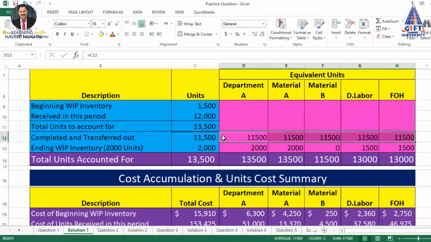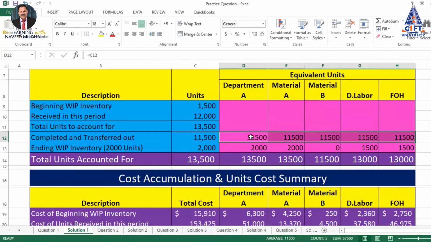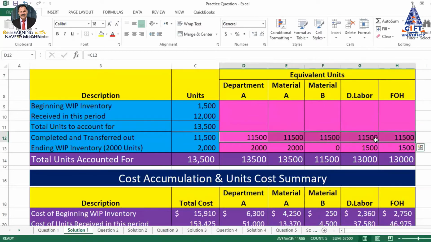By applying the formula, that is 11,500 units, 100% complete for every aspect. That means 100% this, 100% this, 100% this, and so on. So 11,500 multiplied by 100%, that is 11,500. Or you can write it straightforwardly as completed units which has been given to you, that is 11,500.